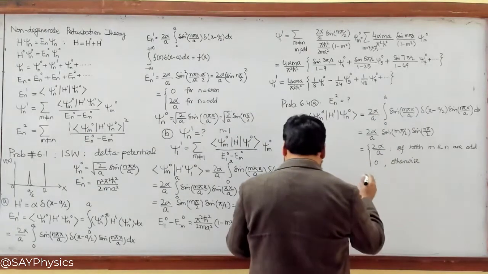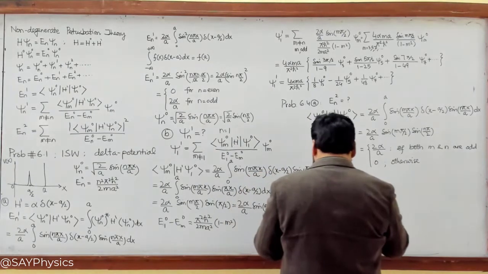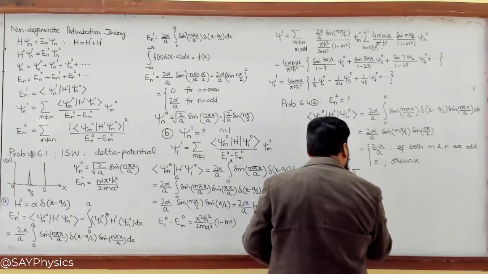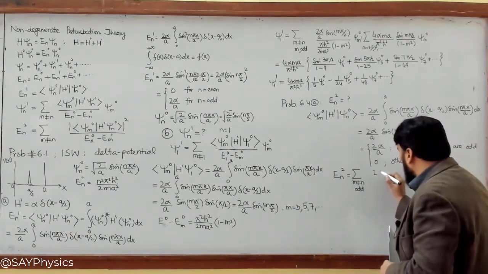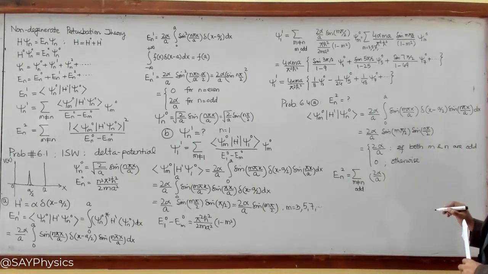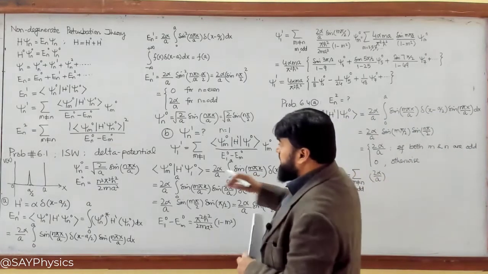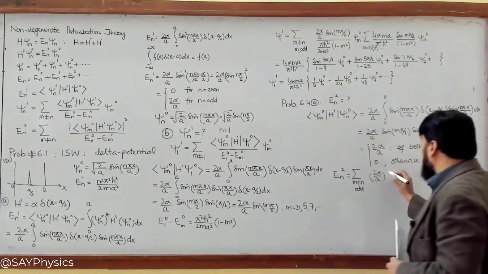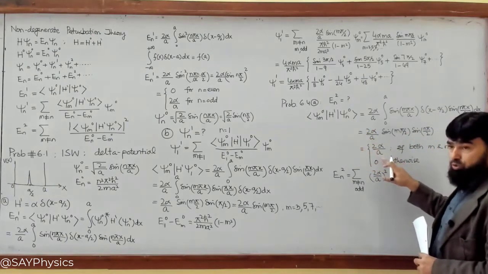So the second order correction to the energy En2 is equal to the summation over m not equal to n, with both odd, of 2 alpha over a, squared, because I just found this value and it is supposed to be squared.